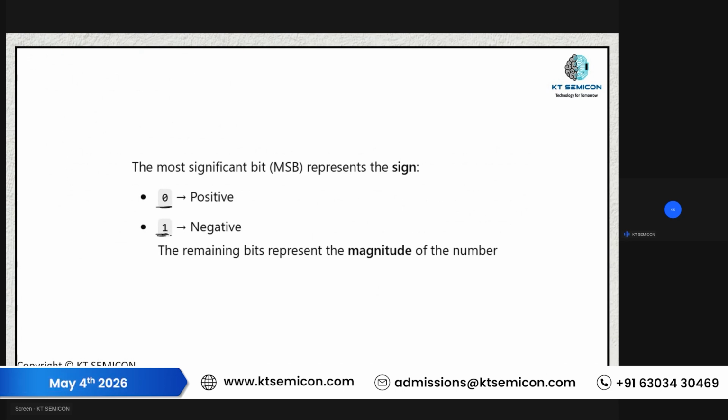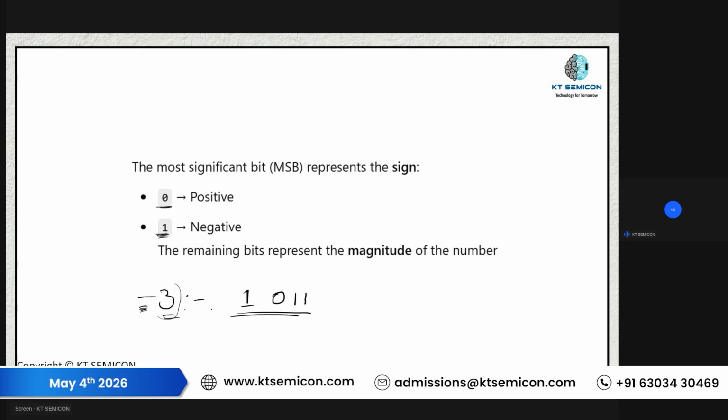For example, if we want to represent minus 3, then for the minus symbol, we use MSB bit as 1, followed by the magnitude of this number, which is 0, 1, 1.